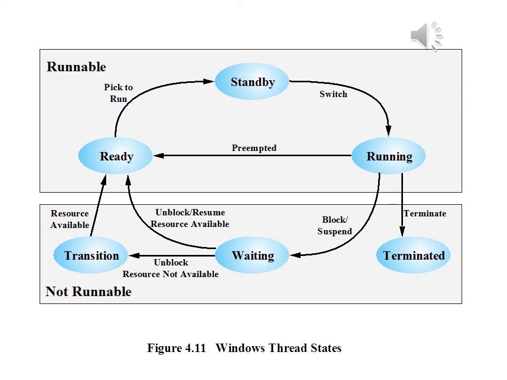An existing Windows thread will be in one of 6 states shown on the slide. The ready state. A ready thread may be scheduled for execution. The kernel dispatcher keeps track of all the ready threads and schedules them in priority order. Standby state. A standby thread has been selected to run next on a particular processor.